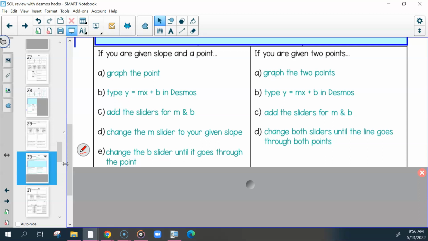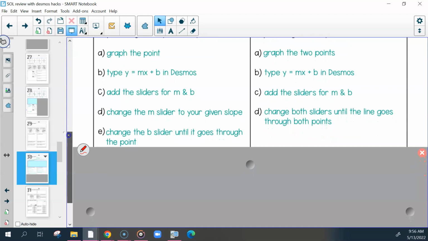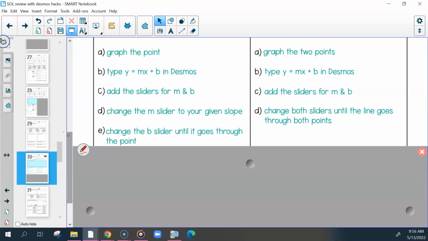Or this will be our last page, but do you want to see any of the questions in Desmos?